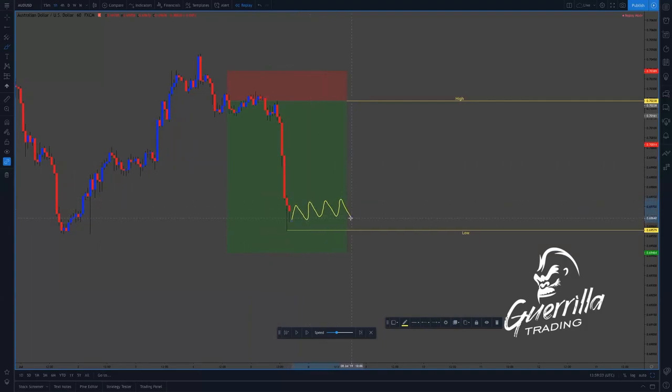So it either likes to range for a while or it will give you a bigger continuation pattern. Now it gives you a bigger one because we can see here that the market has become exhausted and it needs to pull back a bit bigger than usual. So that's something you need to bear in mind when you're trading this.